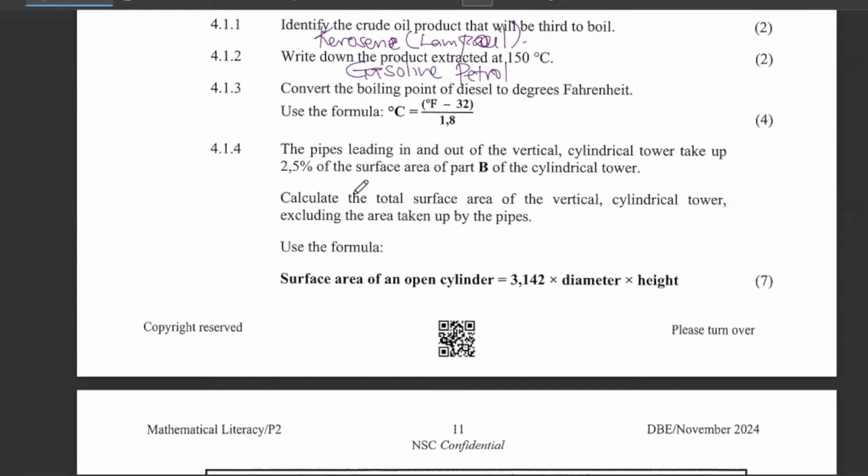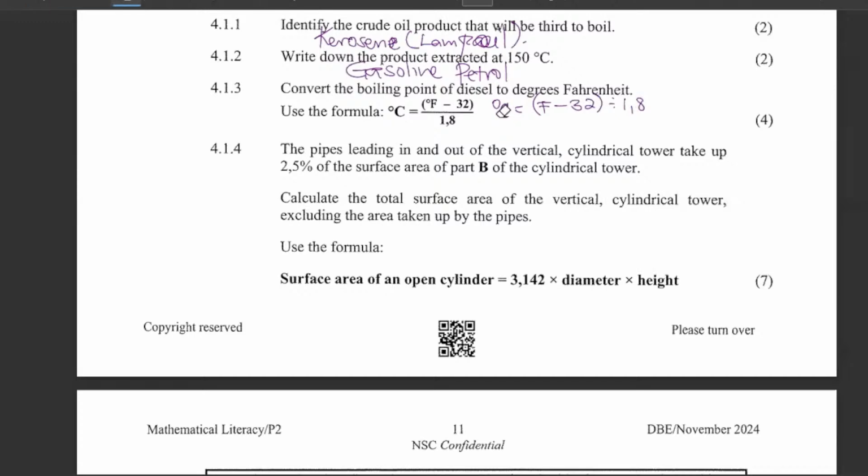Convert the boiling point of diesel to degrees Fahrenheit. This was a little bit tricky for some people, but for others it's fine. First and foremost, we need to make this understandable. You can say C equals F minus 32, divided by 1.8.